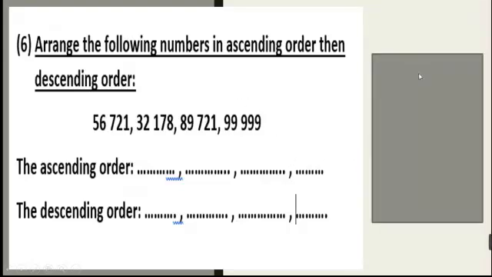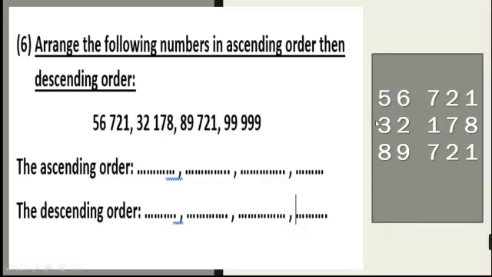We will make a draft like this, and we will write these numbers like this: first number, second number, third number, and fourth number. But we have to make sure that each digit is in its right place. Units under units, tens under tens, hundreds under hundreds, thousands and 10,000, and so on.